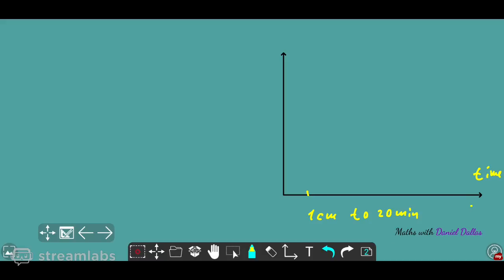So if it's 120 in total, you divide it by 20, yes? So 120 over 20, and you'll get 6. So that's why you will have 6 intervals, right?